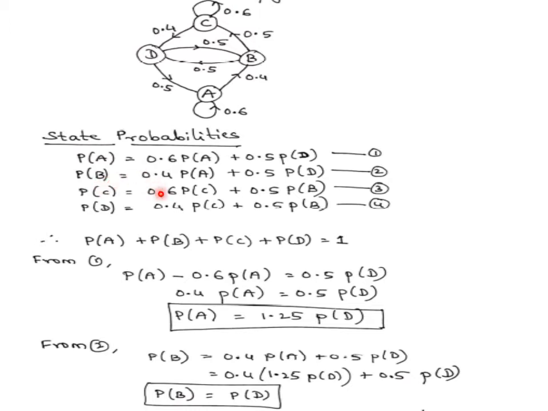Therefore P of C equals 0.6 P of C plus 0.5 P of B.